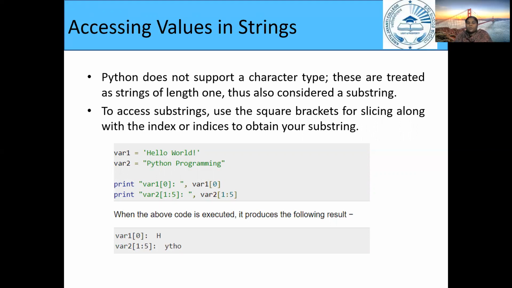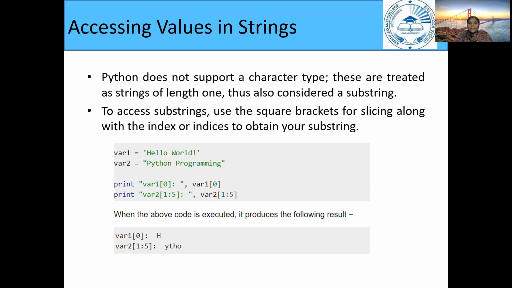So how do we do that? With the help of index values. Say in the hello world string, H holds the index 0, E holds the index 1, and L holds the index 2. Like that, it goes on. So, the first index is always 0.